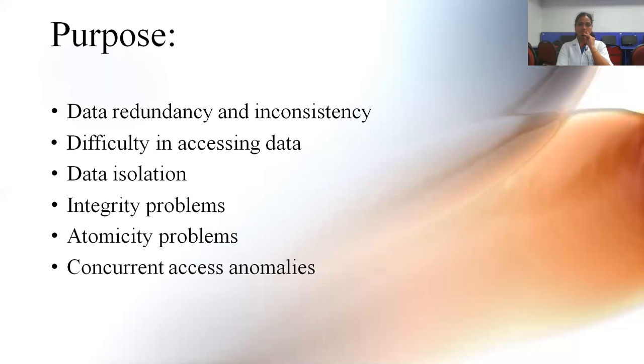And concurrent access anomalies: here the updation will be done concurrently, when one or more users use the database. For example, two users are withdrawing amounts from a particular account. When user A wants to withdraw 50 rupees from the account, the balance he gets is 450 rupees.